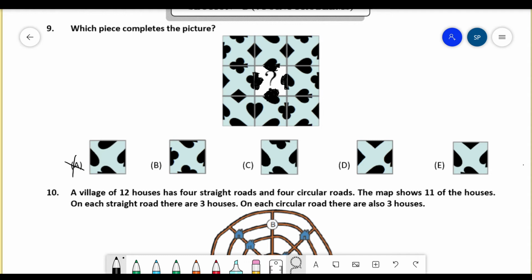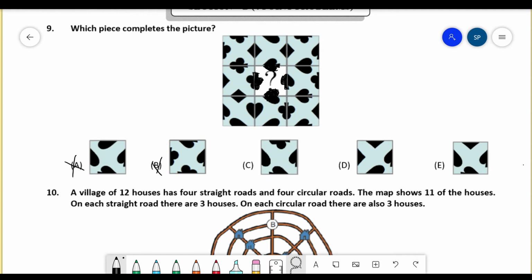Remember that. So there should be 1 edge with the half of a clover, and there should be 2 with the half of a spade, which there is. And there should also be one edge with the half of a heart. And there are 2 clovers and no heart, which means this is wrong.